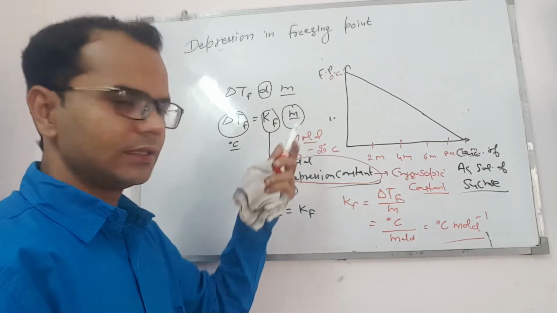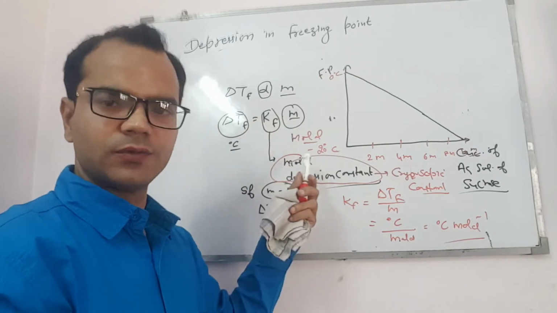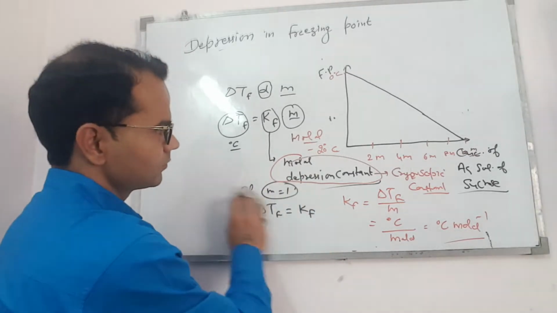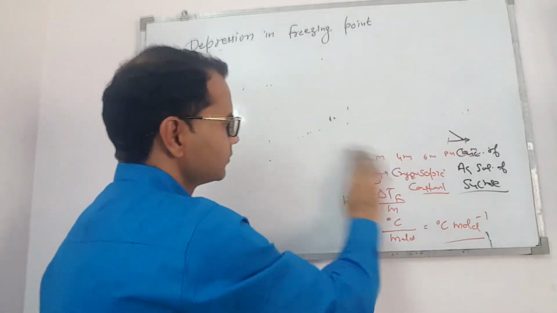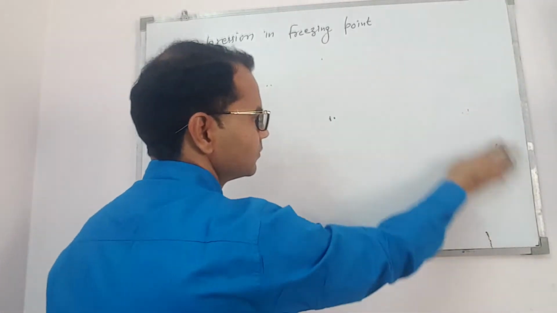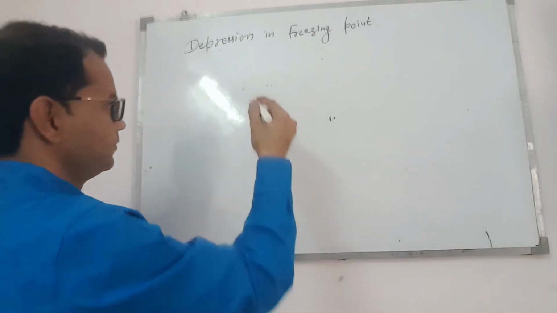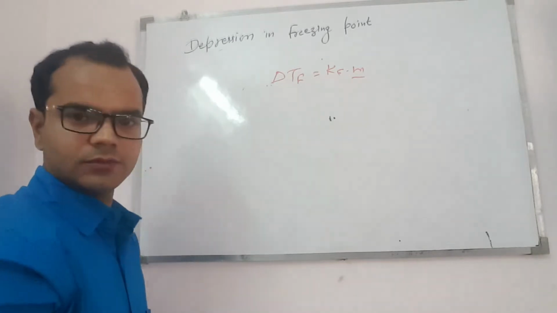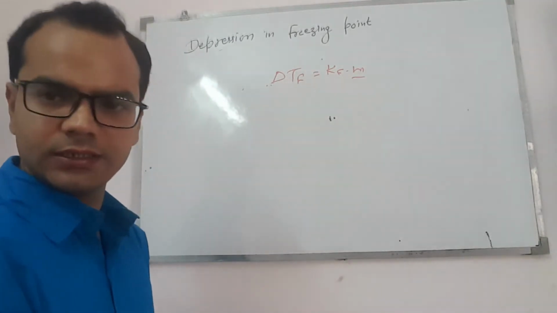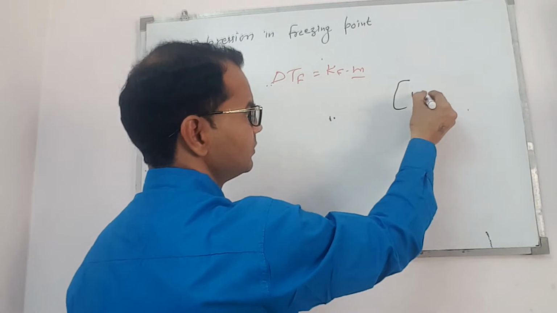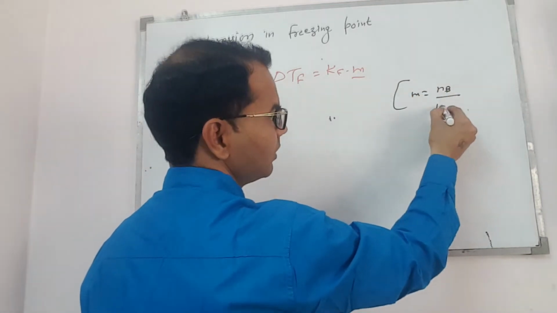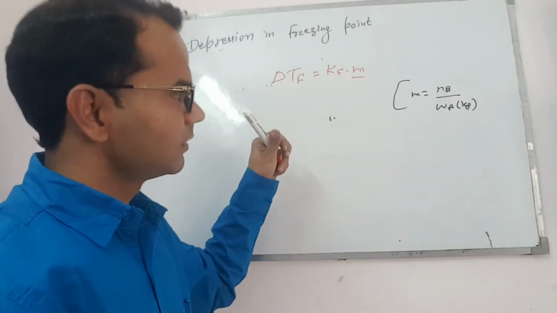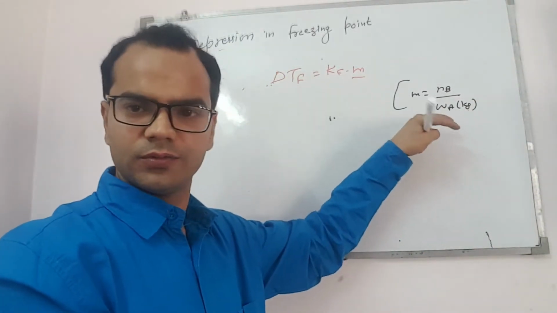Now I am going to prove this is a colligative property. It depends on the weight of the solute particles. Delta TF equals Kf into m. m represents molality. As we know, molality is the number of moles of solute per unit weight of solvent in kilogram. If grams are given in a numerical, we can convert it into grams also.